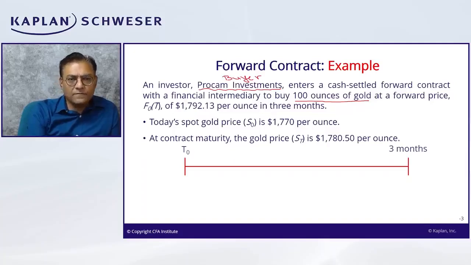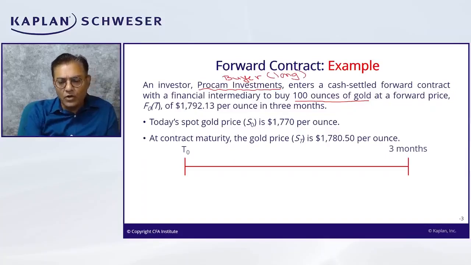In the case of a forward contract, or in the case of derivatives, you use the term long as opposed to buyer and seller, generally speaking. So the long party is Procam Investments, and the forward price is locked in at 1792.13. Now we don't care what happens to the price of gold in 3 months' time. You are committed to buying it at 1792.13.